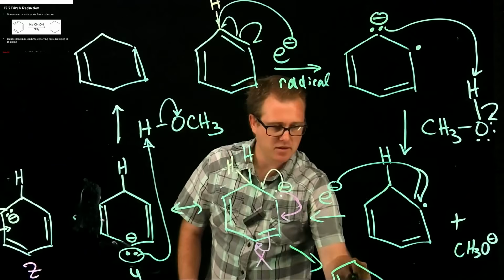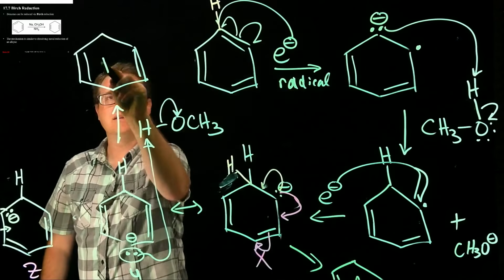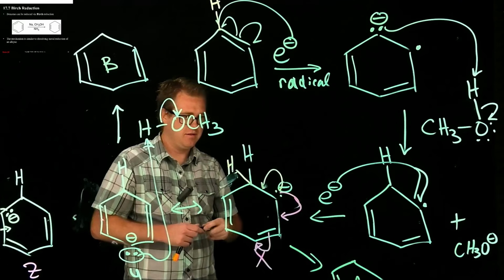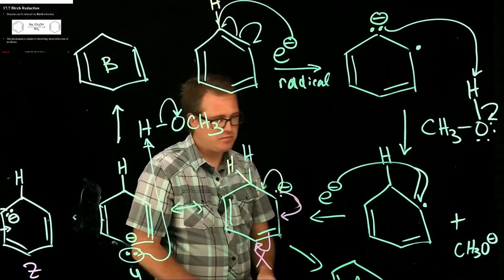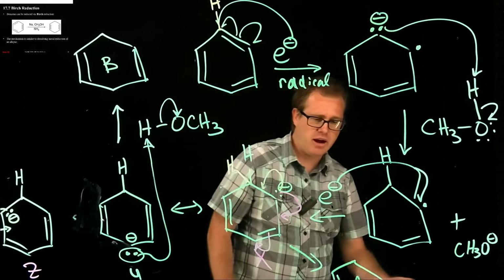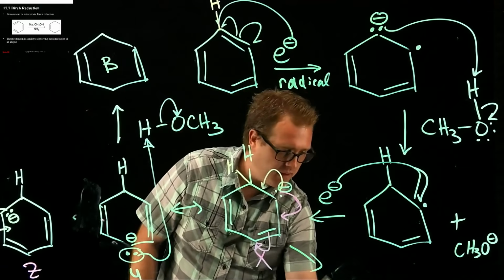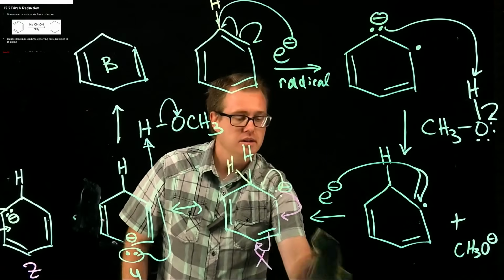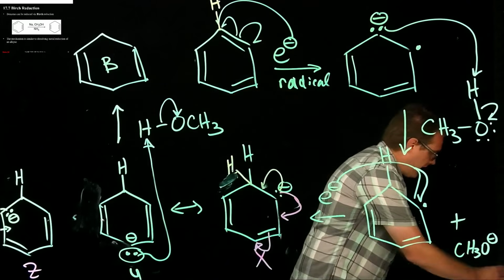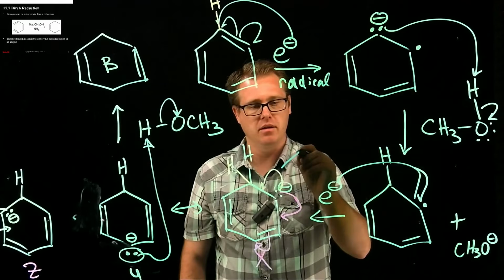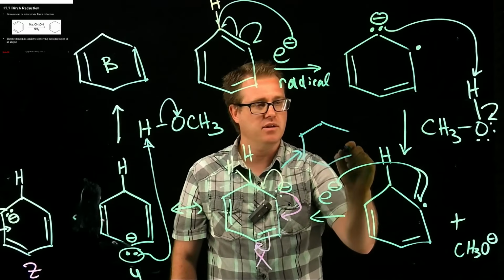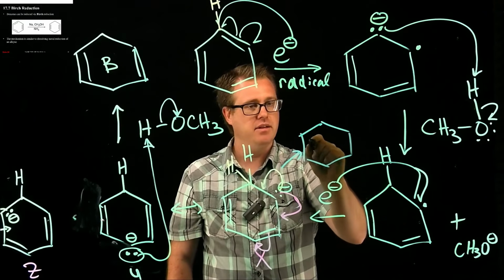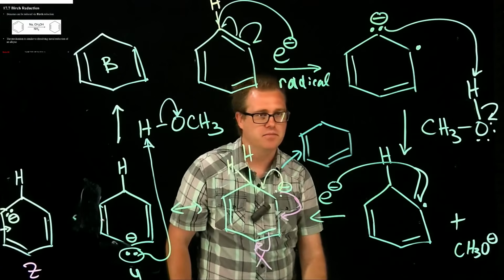Compare A to B. They're isomers of one another, right? I'm getting really bad at drawing stuff that you can't see. My apologies. So let me draw it again. What if we did a proton transfer and gave you this as your product?